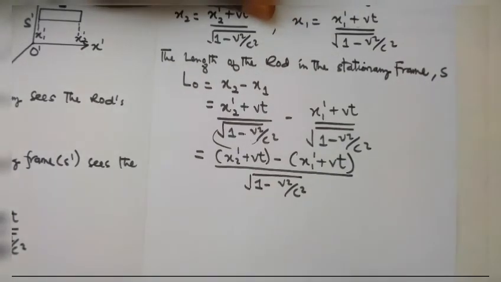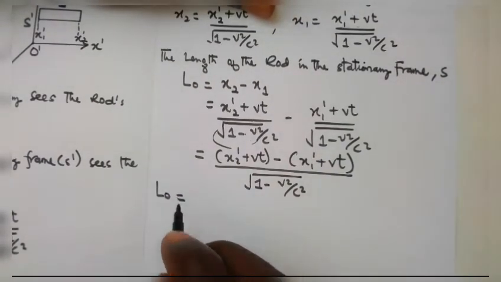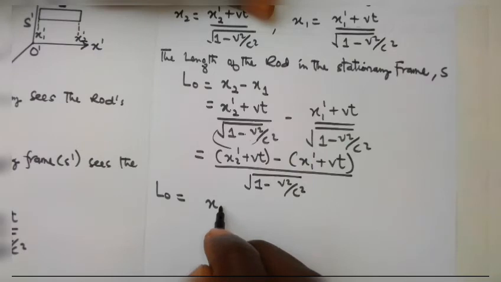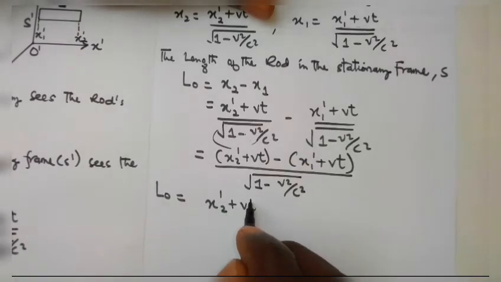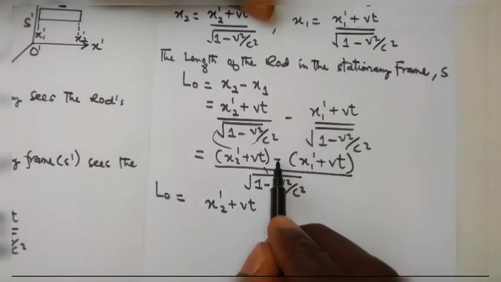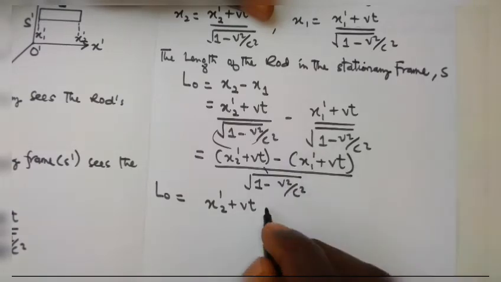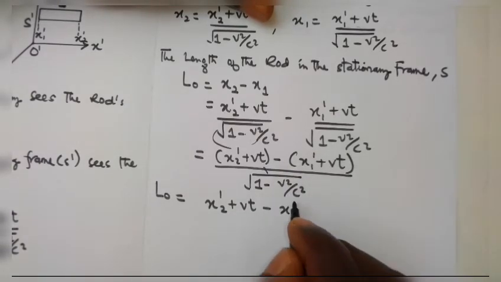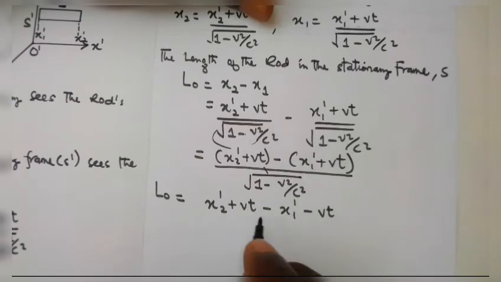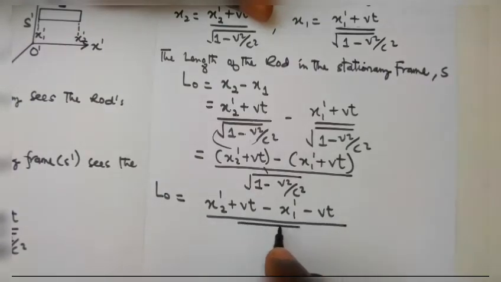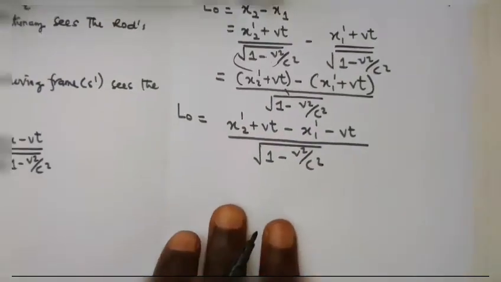So that's what you find there. Then L0 will be equal to x2 prime plus vt, and if I use this negative to open this bracket, that is going to be minus x1 prime minus vt over the square root of 1 minus v squared over c squared.